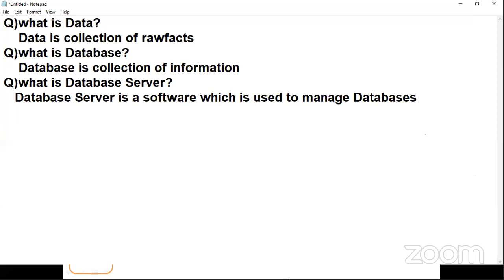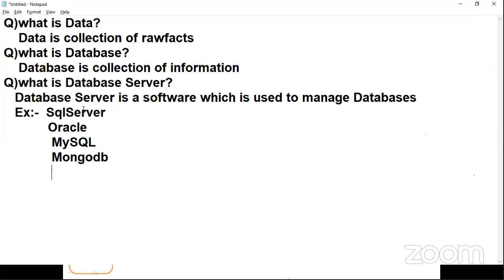A database server is a software which is used to manage databases. Examples of database servers are SQL Server, Oracle, MySQL, MongoDB, Sybase. A lot of database software is there. So a database server is a software which is used to manage databases.